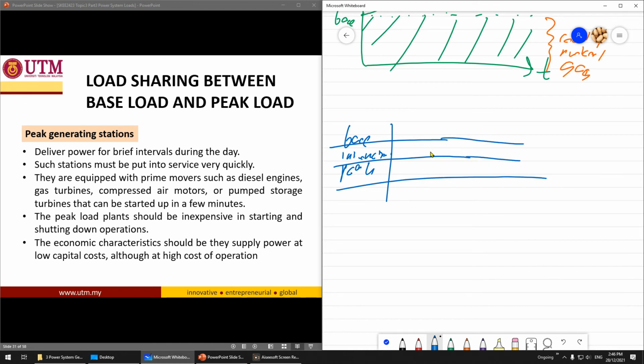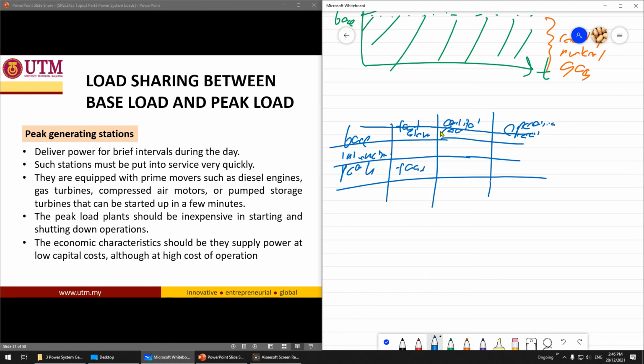So intermediate is quite to categorize by this one: the speed, the capital, and then the operation cost. For base it is slow, it takes time, but for peak it is fast.